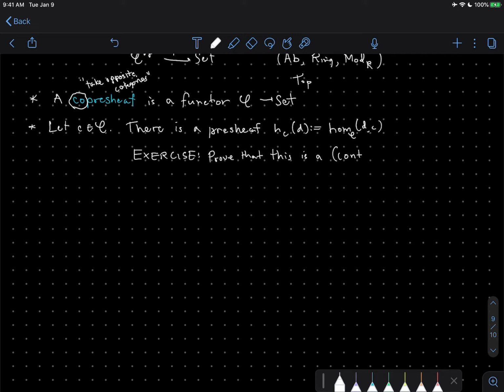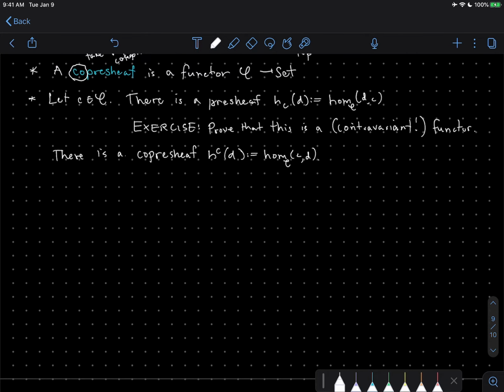A contravariant functor. Dually, there is a co-presheaf H upper c, and that's defined by taking Homs out of c. And another exercise is to prove that that is a covariant functor.